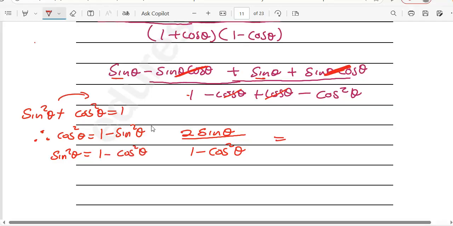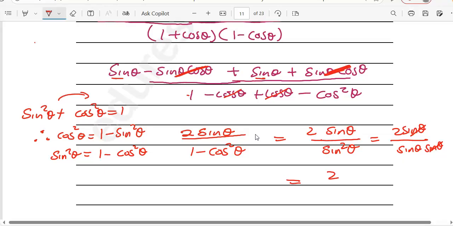So now I'm just going to write this as 2 sine theta over the sine squared theta. But remember, the denominator is the same as if I write this as 2 sine theta over sine theta times sine theta, because sine squared theta is sine theta times sine theta, so that these two can cancel.